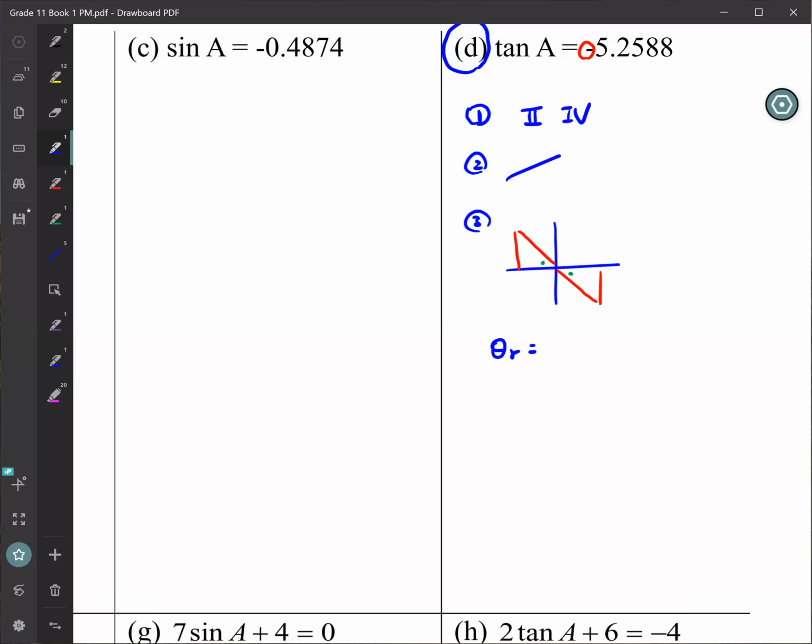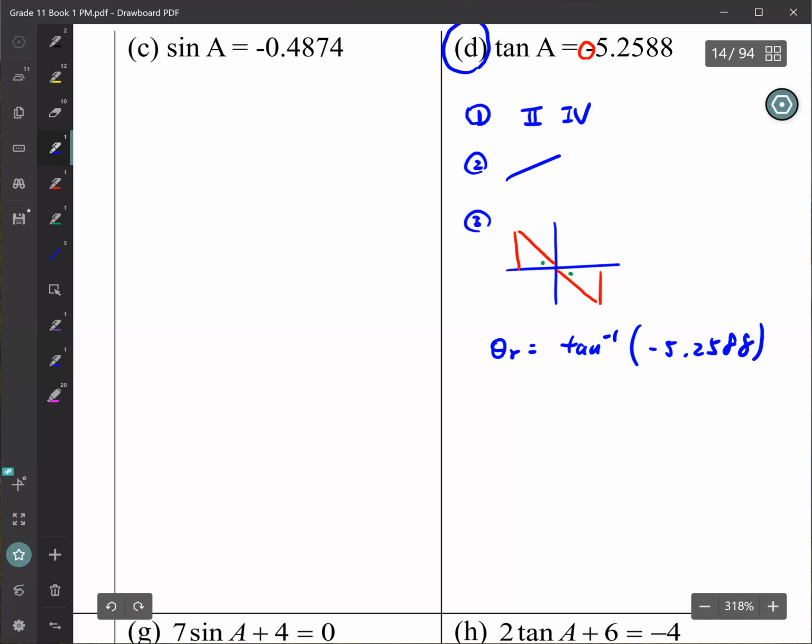And how to do that exactly? We take the negative 5.2588 and plug it into the calculator. What do I type into the calculator? Tan inverse, negative 5.2588.